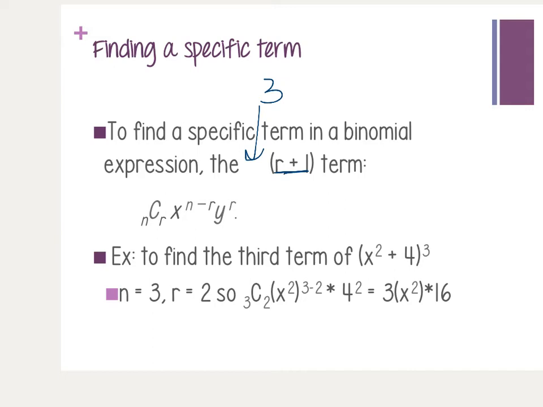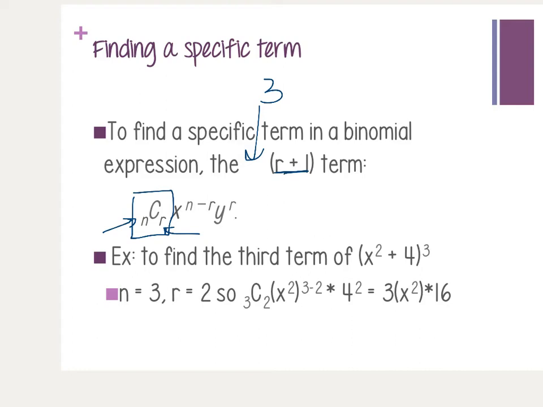If I was looking for the 6th term, your r is 5. So when you're finding your coefficient here, this is always 1 less than the term you're looking for. So if I'm looking for the 11th term, what is my r? 10. Does that make sense? It's always 1 less. The n is always still the exponent on your initial question.